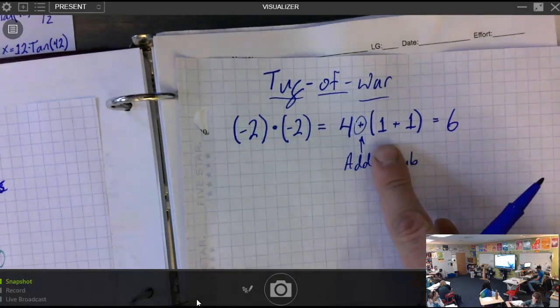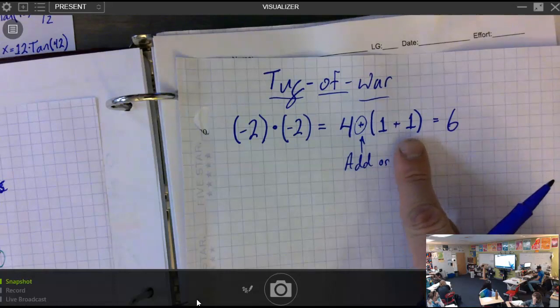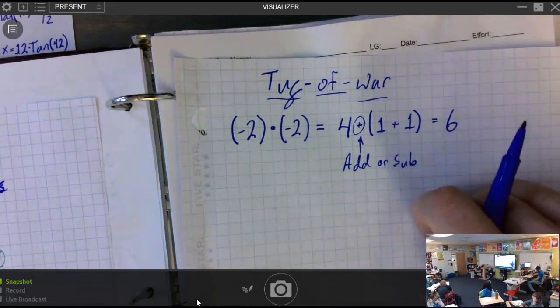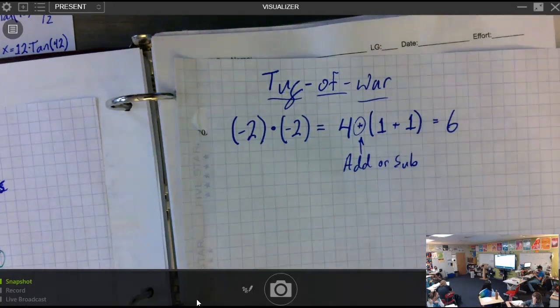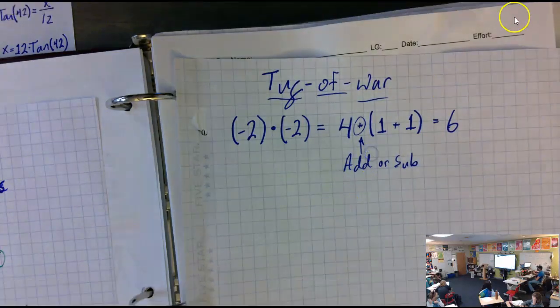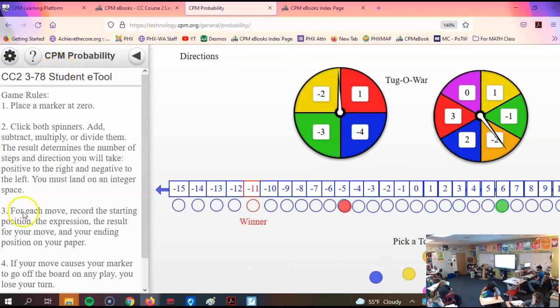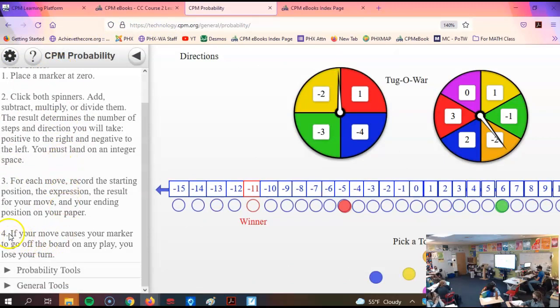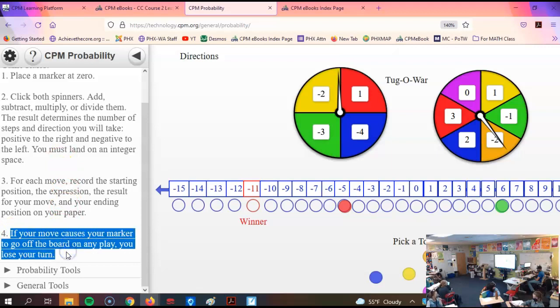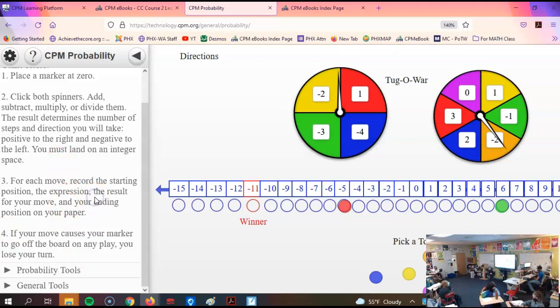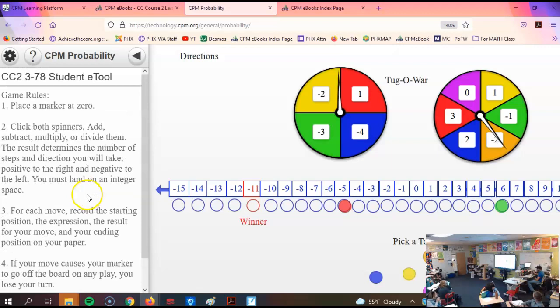So I would probably just do 1 - 1 and just say, forget it, I'm just going to stay here at 14. But yeah, so let's go ahead and say we can add or subtract. If my verbal rules don't make sense, right here you have the rules. This is what they say: you lose your turn, so you would just stay where you are. But up to you guys.